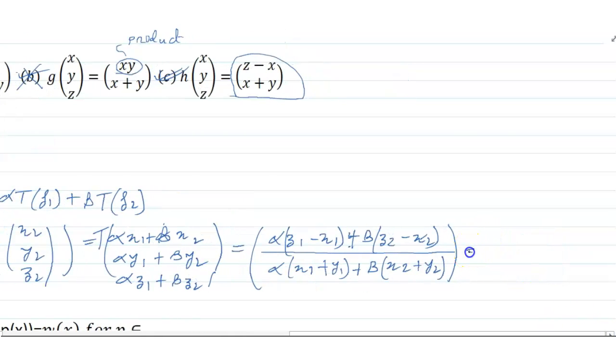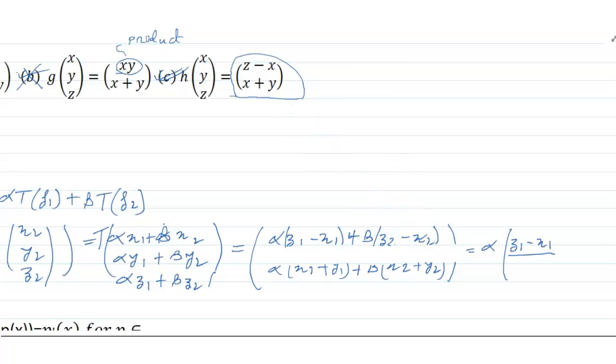So I can write this way, alpha z1 minus x1 divided by x1 plus y1. Here also one portion is wrong.